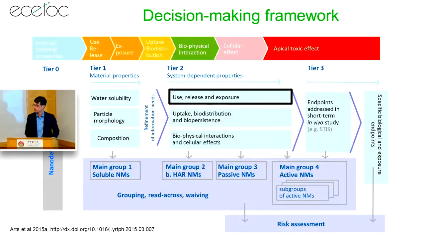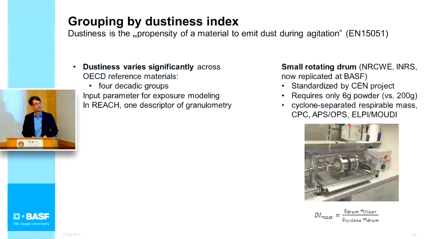So this was the main part of the talk where we look at the hazard-related groupings. Now let's look at life cycle. You want to know if a material releases substantial aerosols or not. One of the ways to do it is the dustiness index.